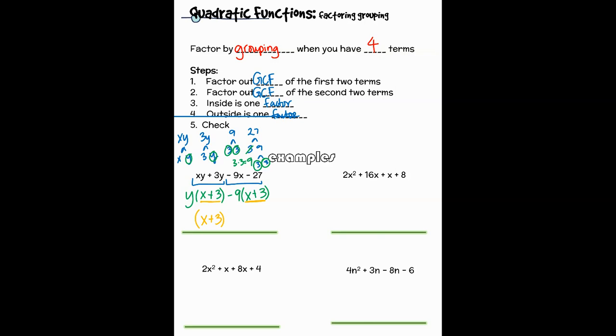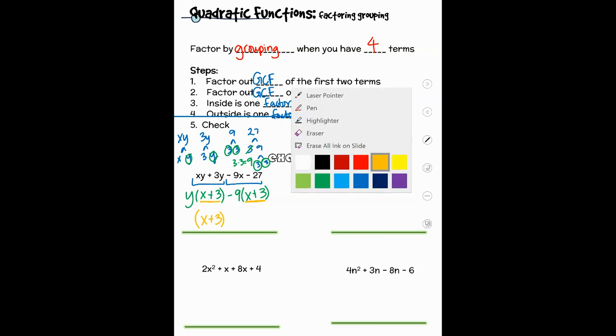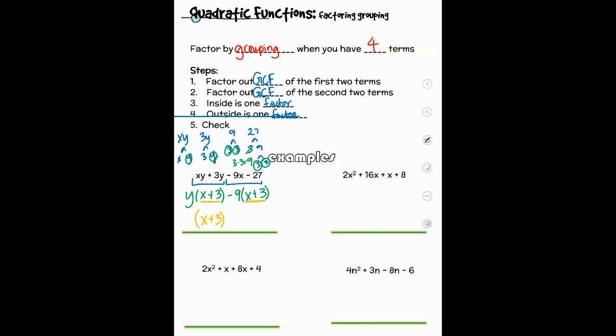Okay, so the inside is one of our factors. That's what that means. And then the outside, what's left over out here, is our other factor, so y minus 9. So the factors of our example are x plus 3 times y minus 9.